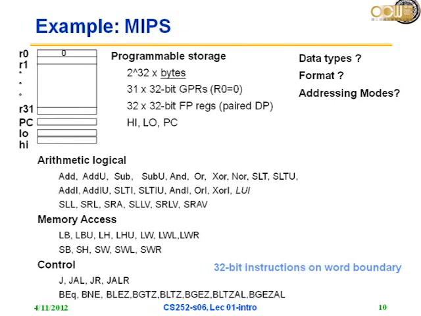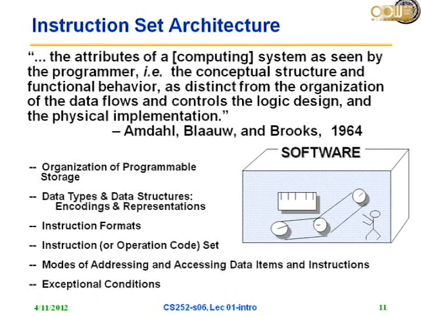Okay, so Mr. Amdahl, Blaauw, and Brooks said in 1964, the attributes of a computing system as seen by the programmer. This programmer may be the assembly programmer or machine code programmer. That is the conceptual structure and functional behavior as distinct from the organization of the data flows and controls, the logic design, and the physical implementation.